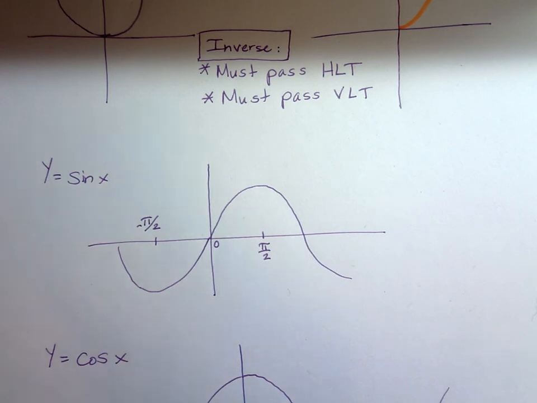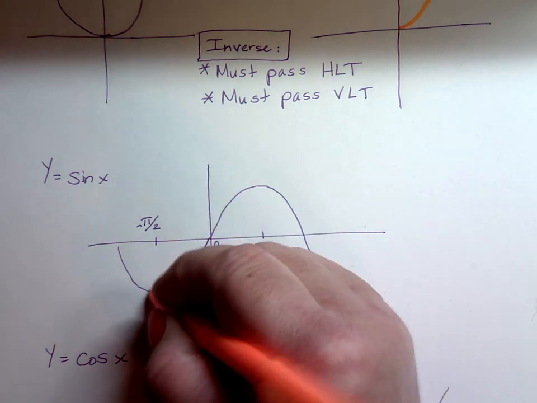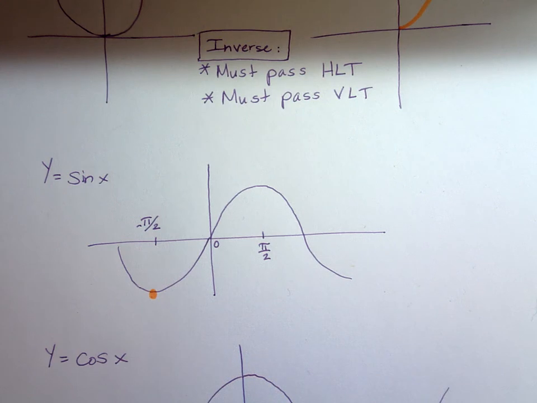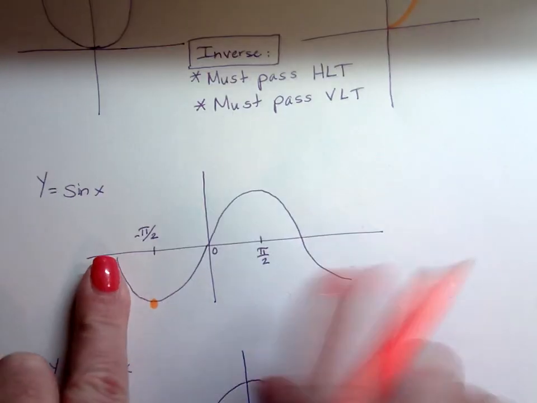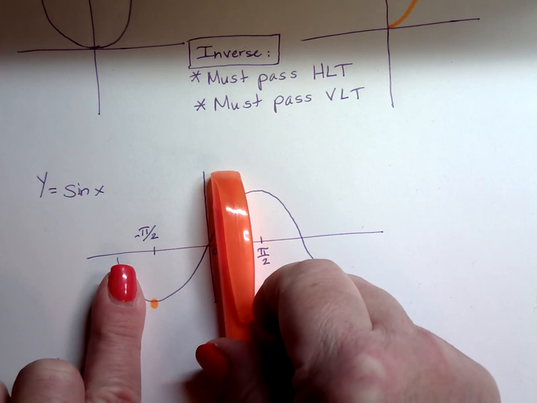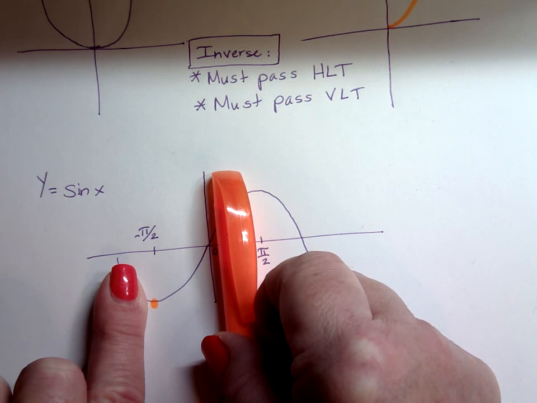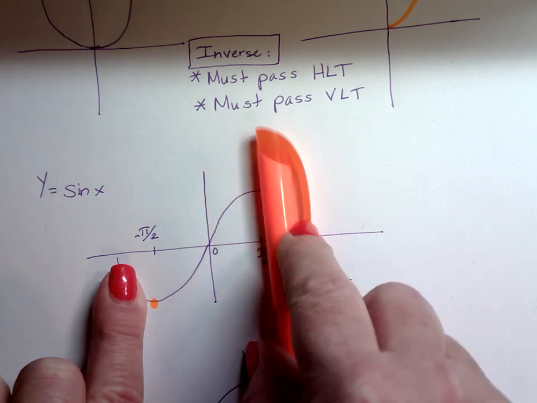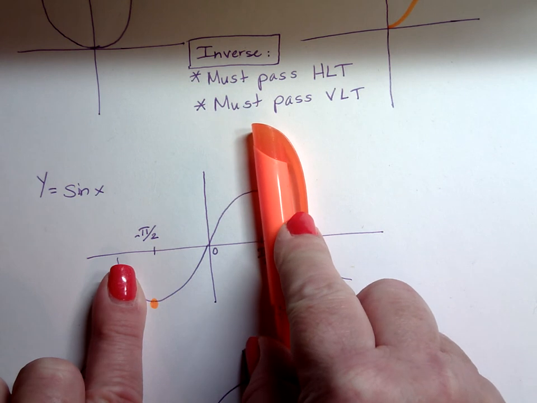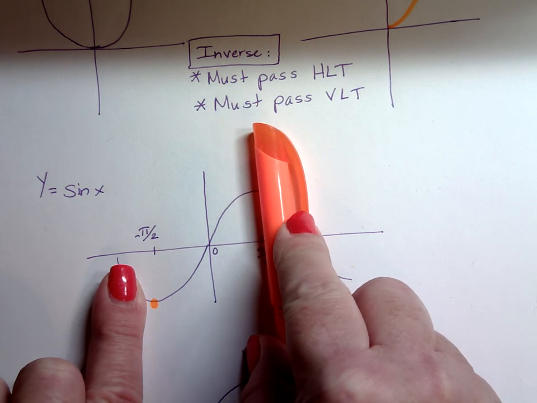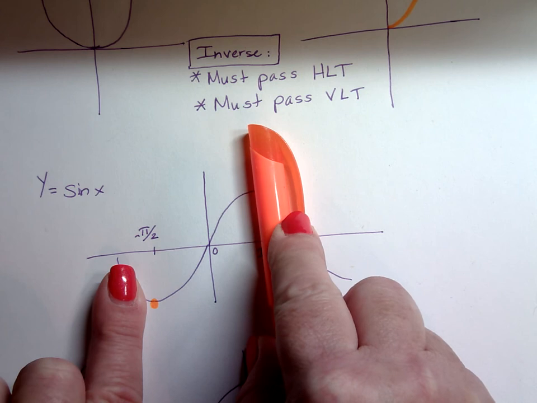But let's say I started here at negative pi over 2. If I look at just this section, from negative pi over 2 to 0, that passes everything. That's a vertical line test pass and a horizontal line test pass. If I keep going, I can even go further. I want the largest possible piece that'll pass the horizontal line test and the vertical line test.